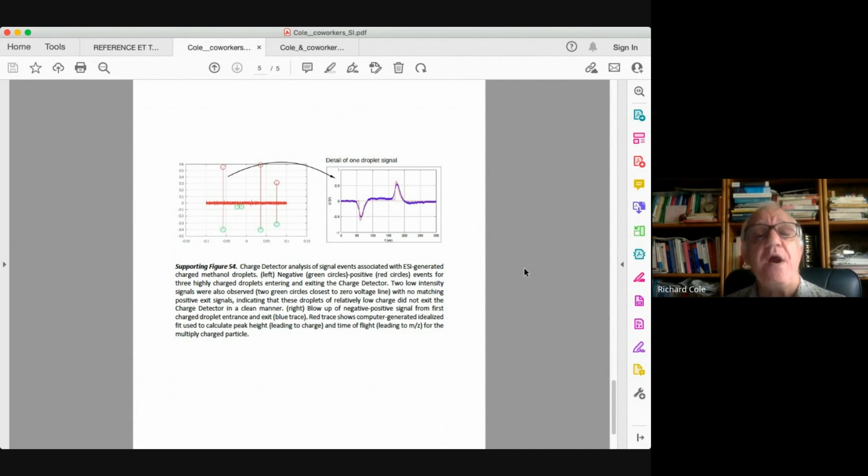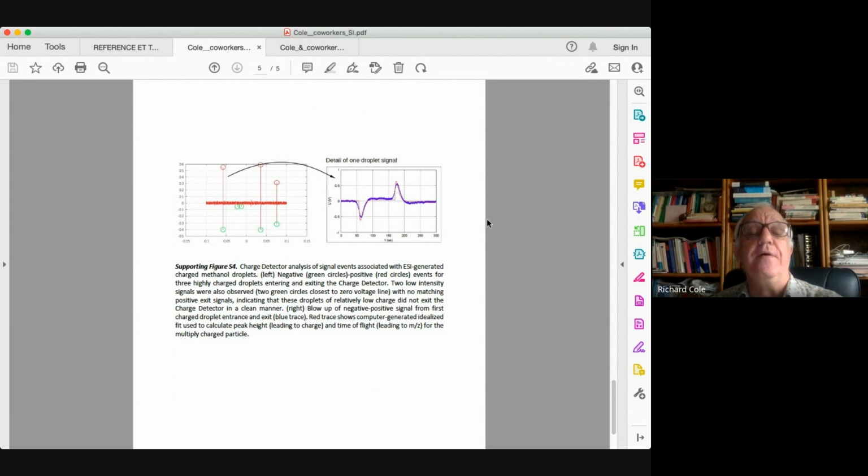For these experiments, we turn down the heating of the source, so the source temperature is just at room temperature now. This is going to enable us to generate huge droplets that we're going to measure with our charge detector.